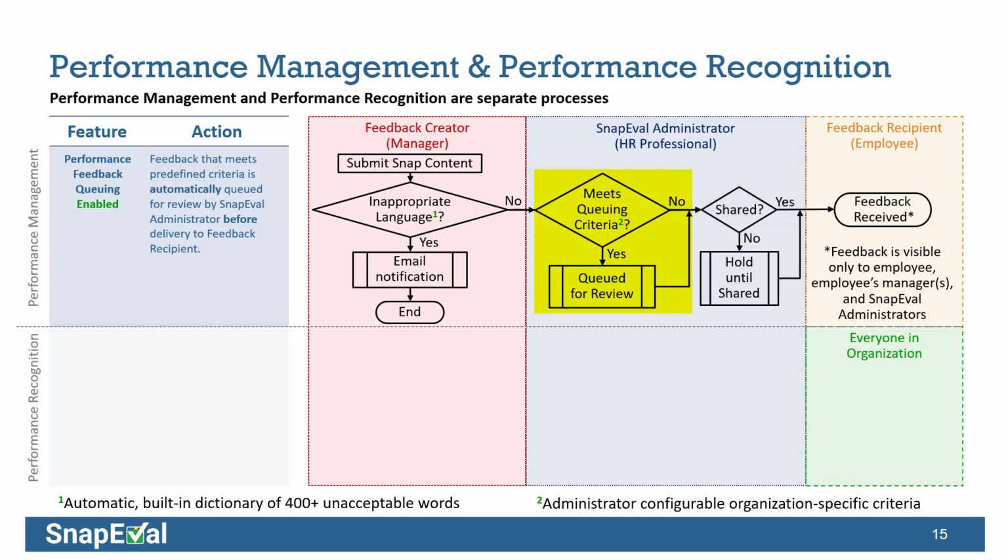So in other words, after the inappropriate language filter, if a snap that has been created meets a criteria that you've pre-specified in advance, it will be queued for your review, meaning you'll be notified that this snap has been queued for your review by email and via push notification to your smartphone.